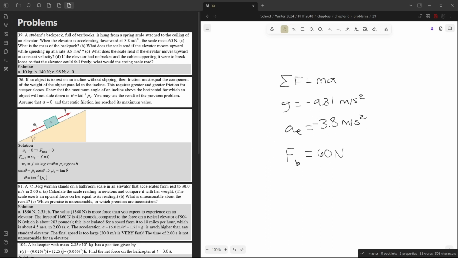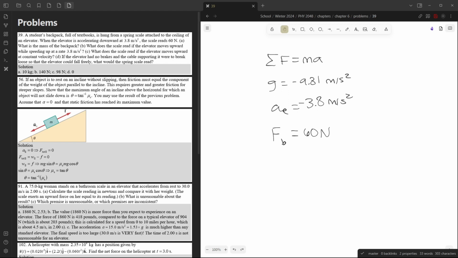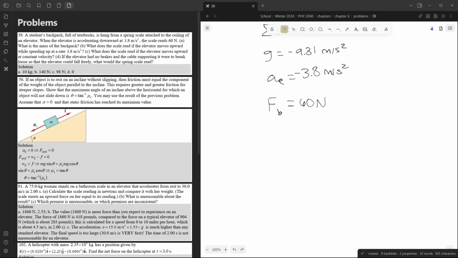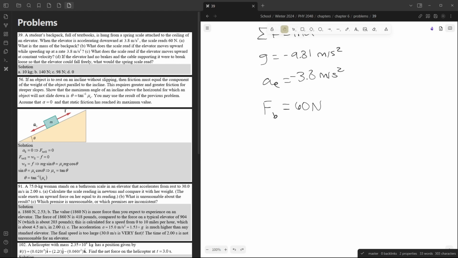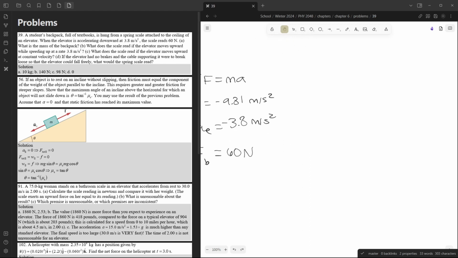We're probably going to have the F equals ma formula. Gravity is relevant, like in most problems, if not all problems on the exam. Then we have this downward acceleration of the elevator, and the weight force, as you can think of it, of the backpack in the elevator.